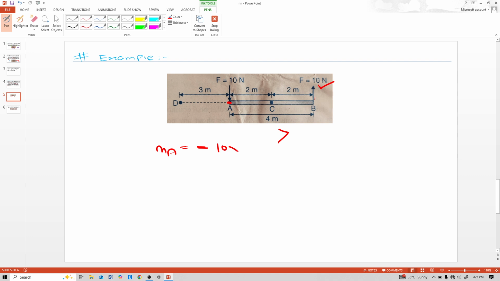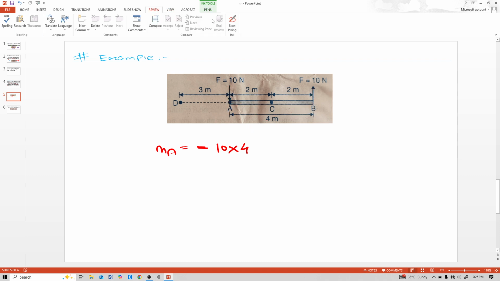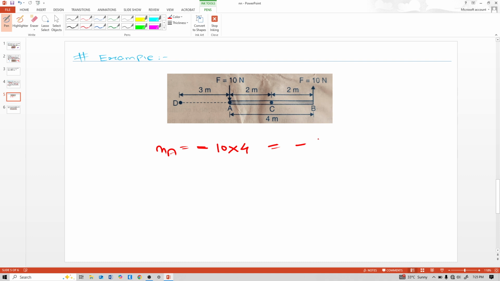So 10 multiplied by the perpendicular distance between force and that point where we are interested to take moment. So this distance is 4 meter. So that means it is minus 40 Newton meter.